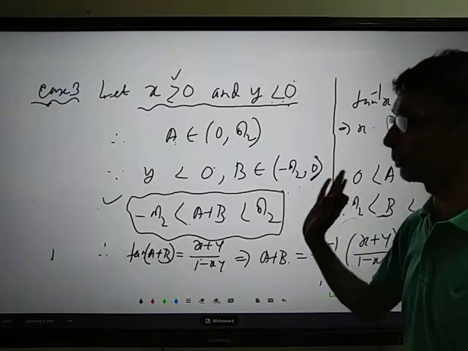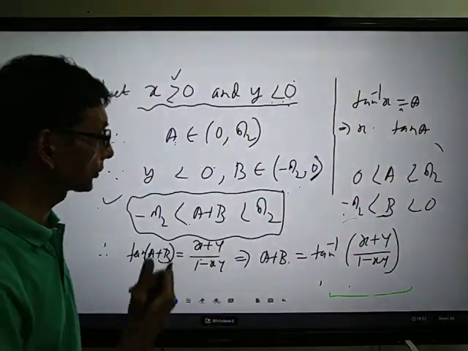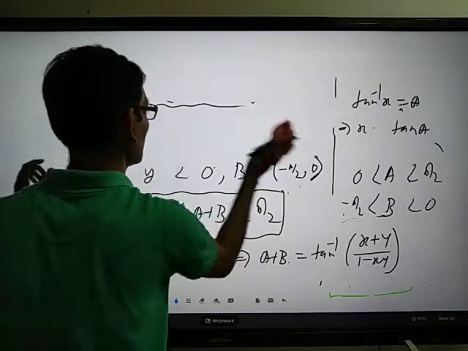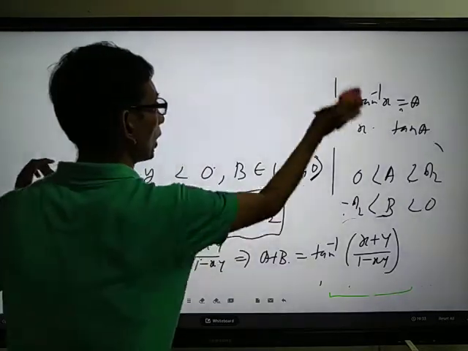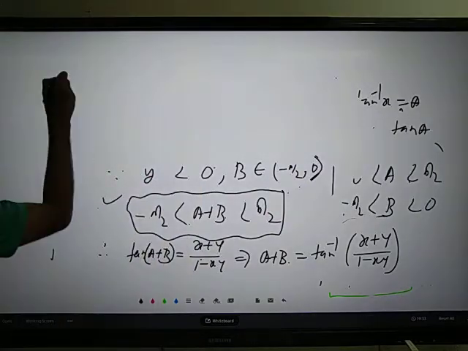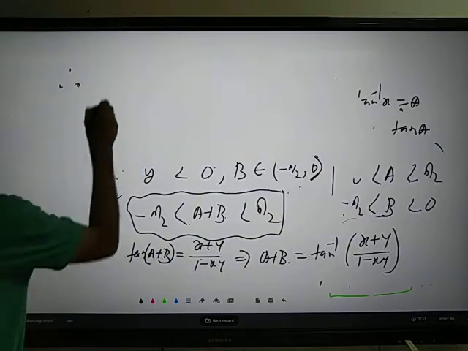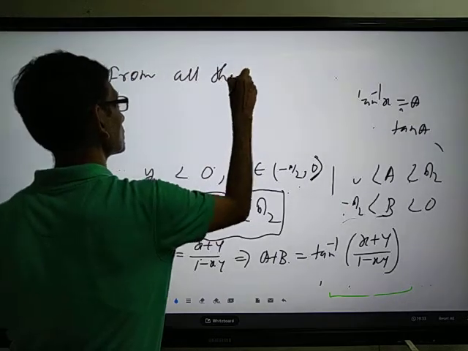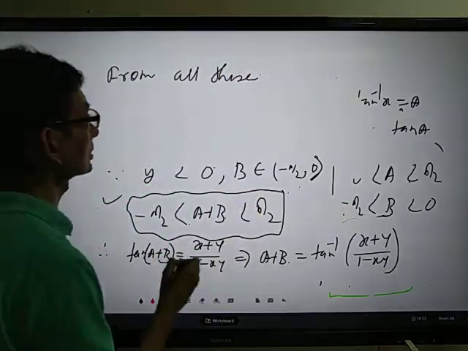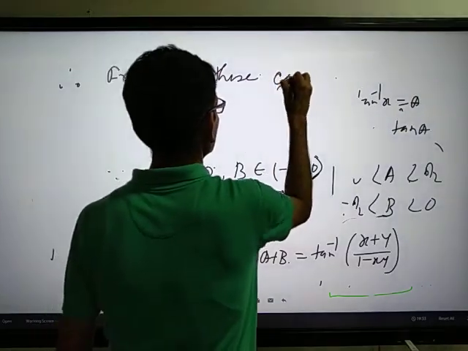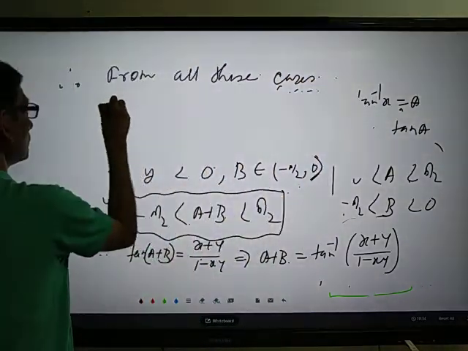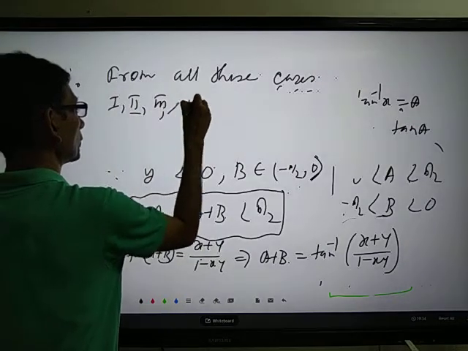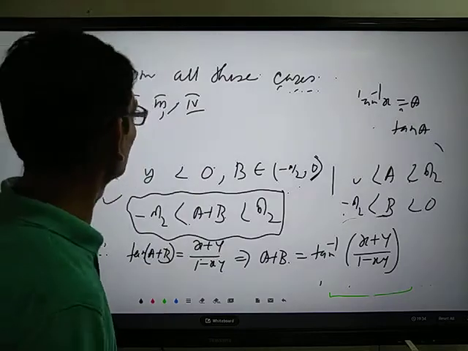So with the help of cases 1, 2, 3 and 4, you can complete the proof of the first property. Of course, case 4 you need to prove by yourself.